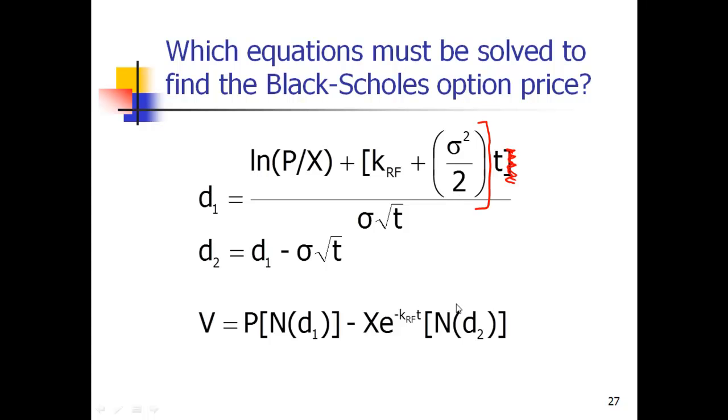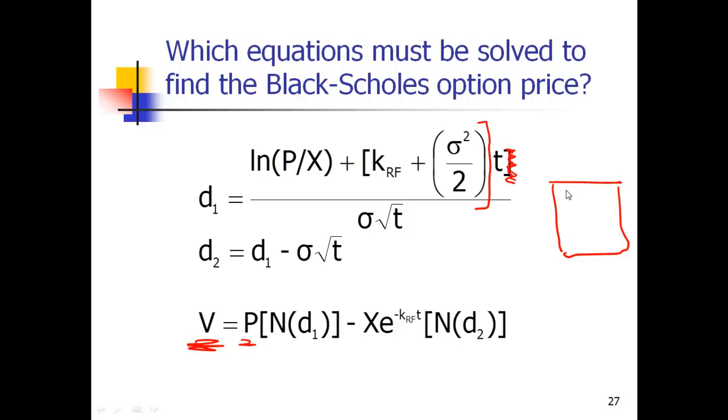So to know how to use it, let us just plug in some numbers and understand what all the variables are. The value of a call option is given by V. P stands for the current price of the underlying stock.